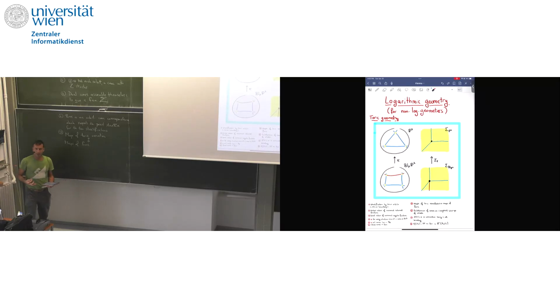And of course, what I mean is good maps. Of course, you can find some rational function from P2 to P2 that has nothing to do with the fan structure. But if you want maps in the category of toric varieties, they need to be torus equivariant maps, right? Then they correspond to maps of fans.